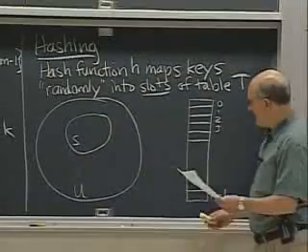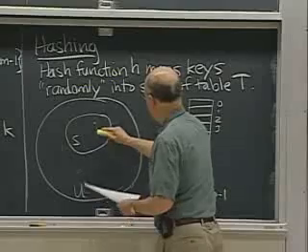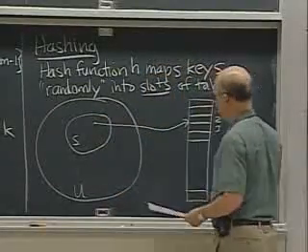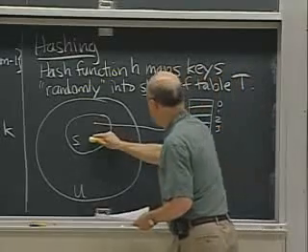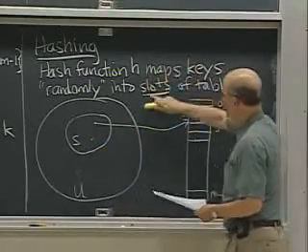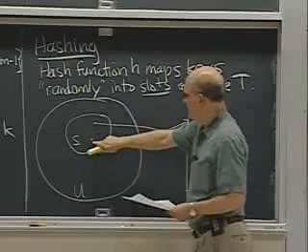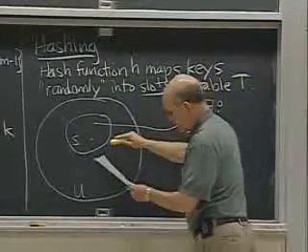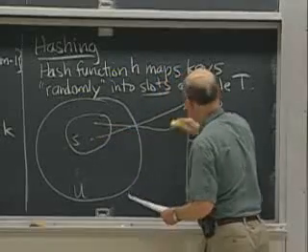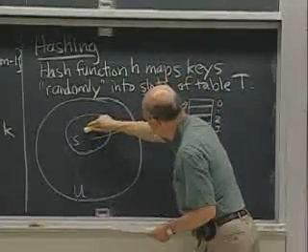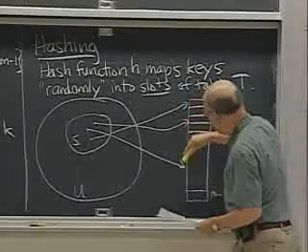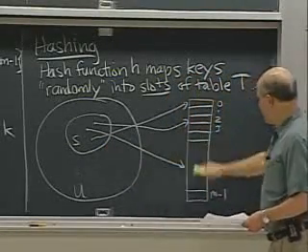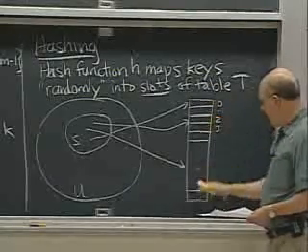We'll take an element from here and map it to, let's say, there. Take another one, and we apply the hash function to the element. The hash function gives us a particular slot. Here's one that might go up here. Might have another one over here that goes down to there. And so we get it to distribute the elements over the table.